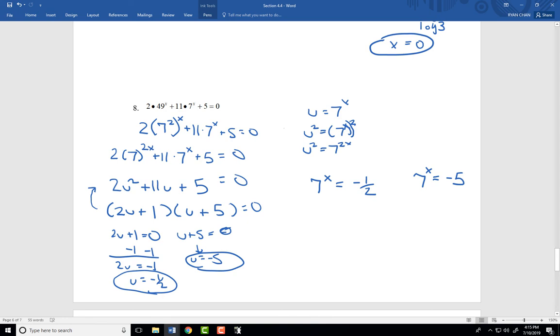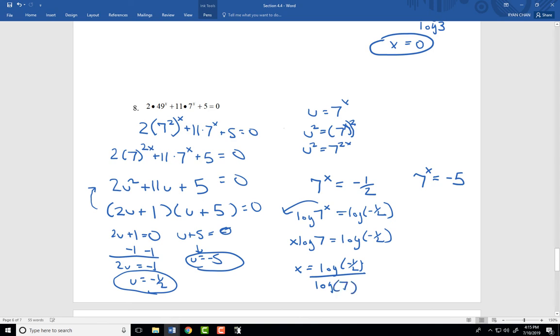But if you're not sure, look at what happens if you take the log of both sides. If you put log of negative 1/2 in your calculator, it's not going to work. Let's say if you divide, you'll have the following: x is equal to log of negative 1/2 divided by log of 7.